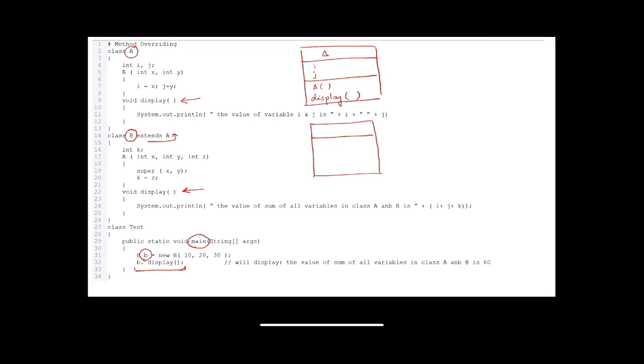Similarly, in my class B, I'm having a variable k, then there is a constructor of B class and a method display. And my B class is inheriting my A class, meaning I also have the display method of my A class, and I'm also able to access variables i and j of A class.